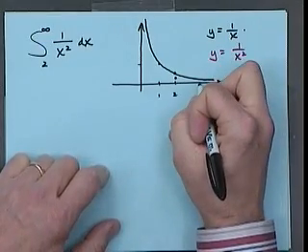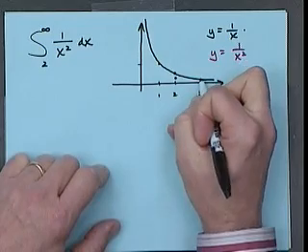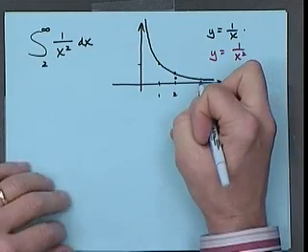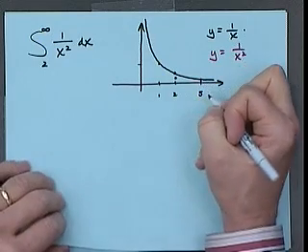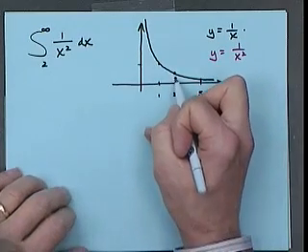Let's continue out here at, let's say, 5. Where are we on the 1 over x curve? 1/5, right? Where are we on the 1 over x squared curve? 1/25. Isn't it a very similar looking curve? Kind of descends like this one does.